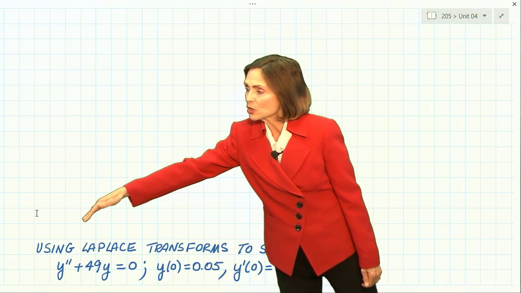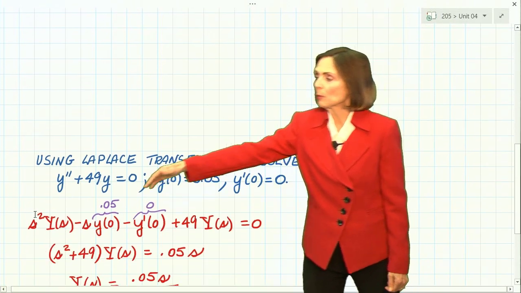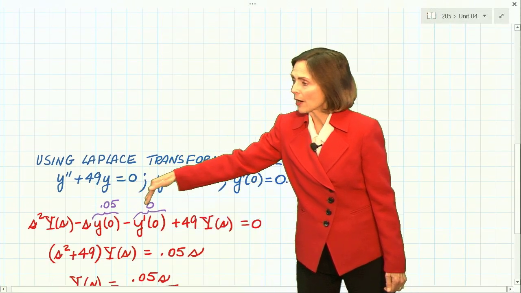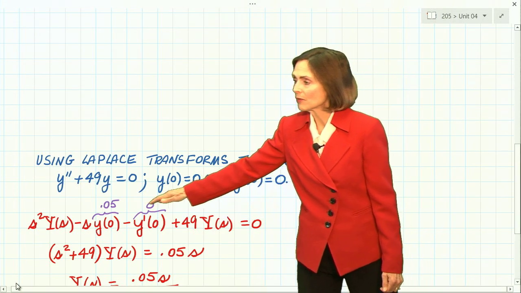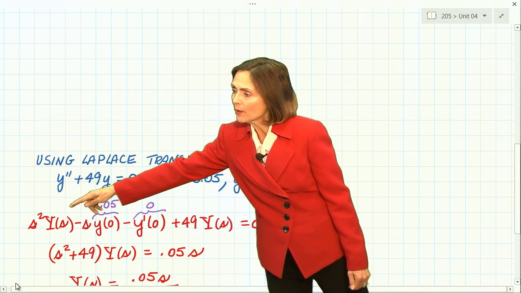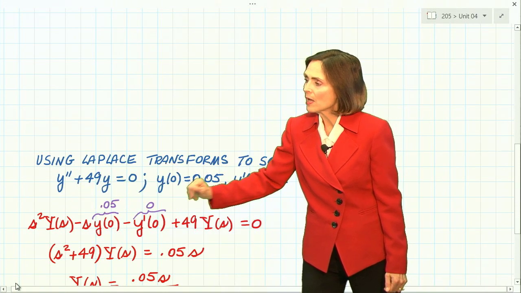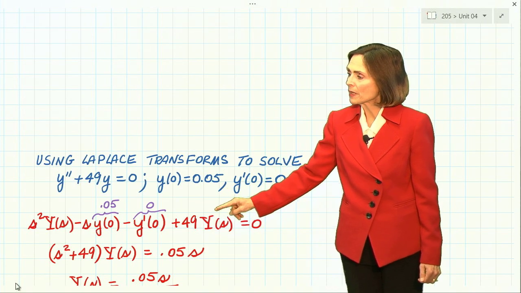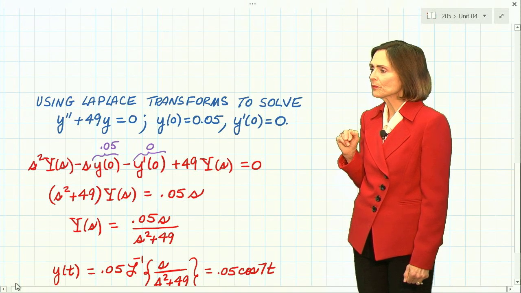We're going to solve this using Laplace transforms. So we will take the Laplace transform of the entire differential equation and use the initial condition information. So we have s squared capital Y of s, minus s times 0.05 minus 0, plus 49 Y of s is equal to the Laplace transform of 0, which is 0.